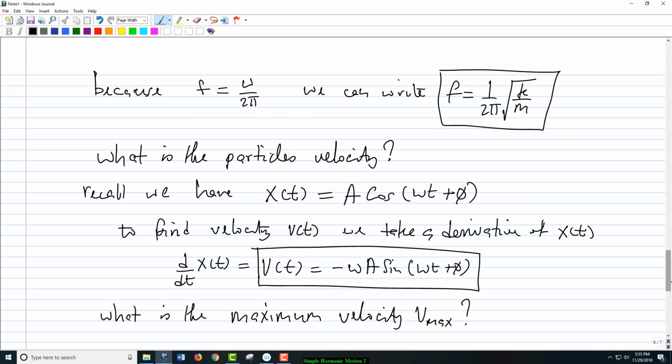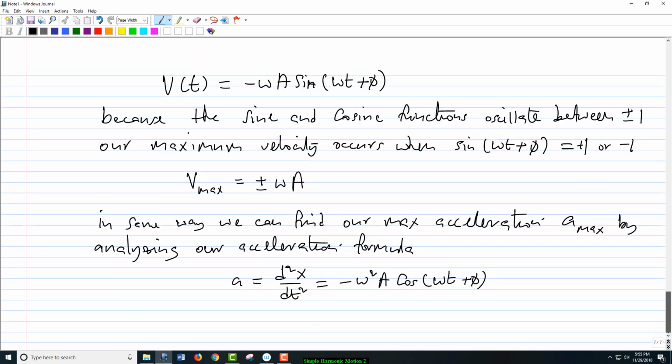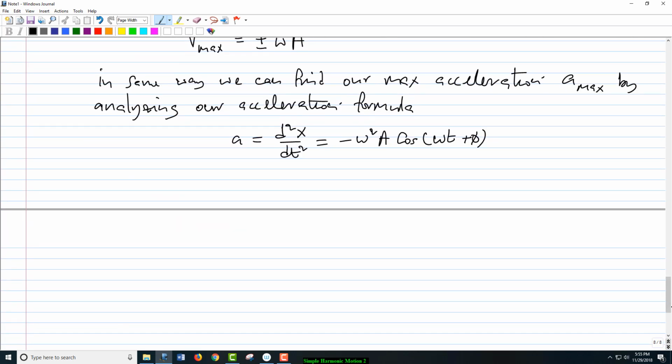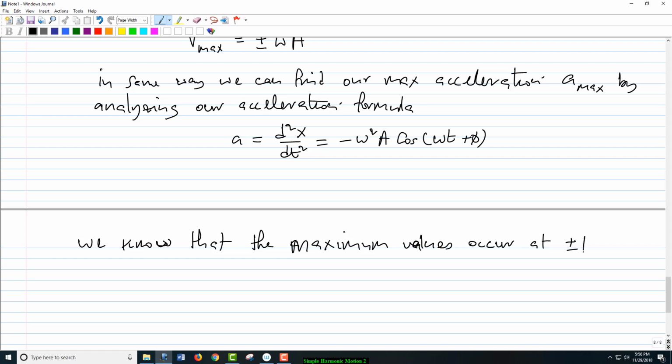Again, our maximum values occur at plus or minus 1 because of the oscillation of the sine and cosine functions. So we can say that a max is equal to plus or minus omega squared a.